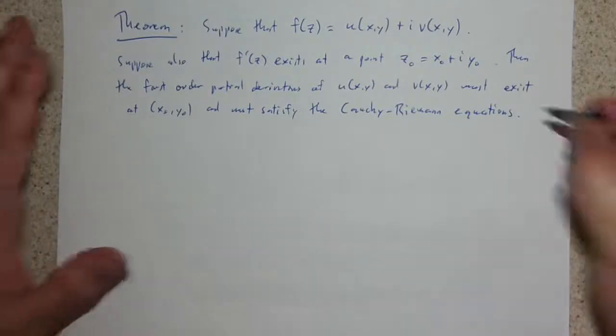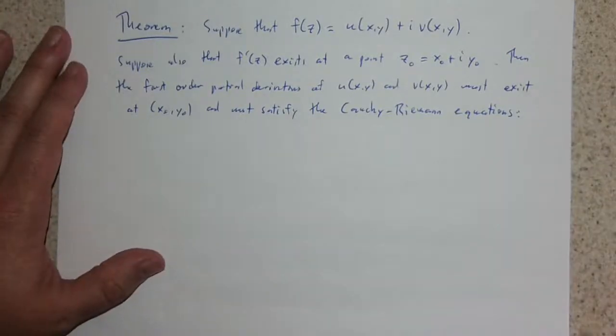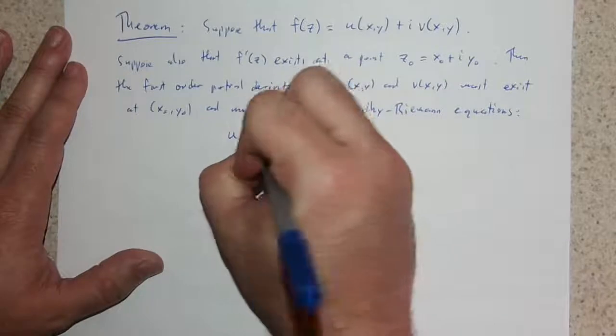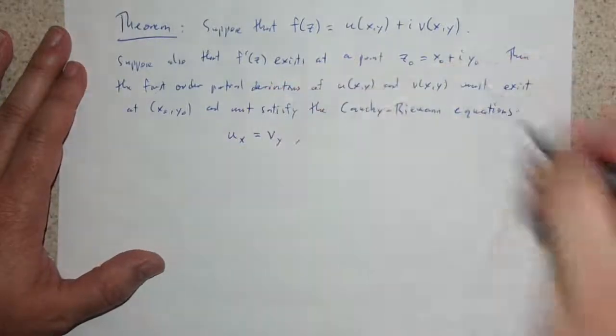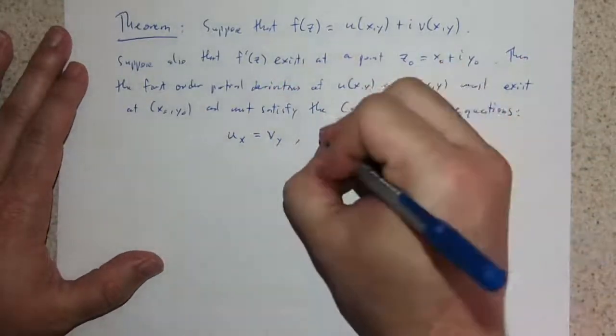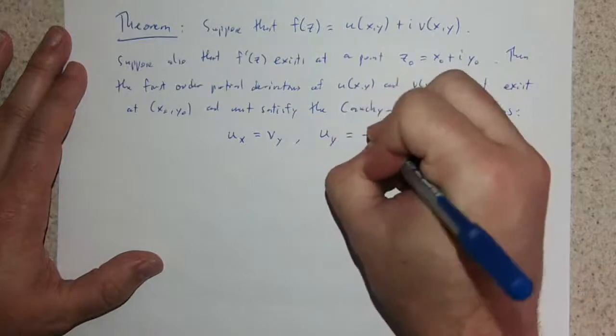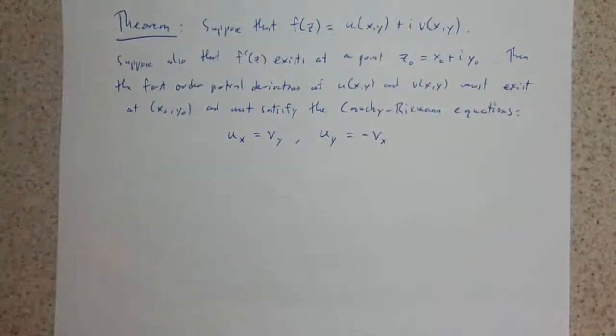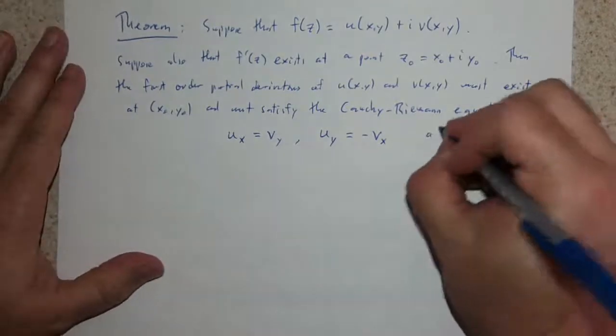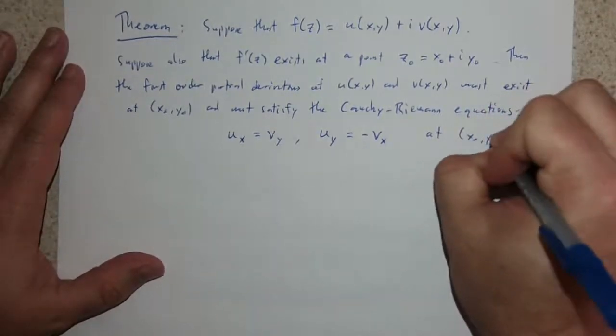Remember, the Cauchy-Riemann equations are u sub x is equal to v sub y, and u sub y is equal to minus v sub x, at x naught, y naught.